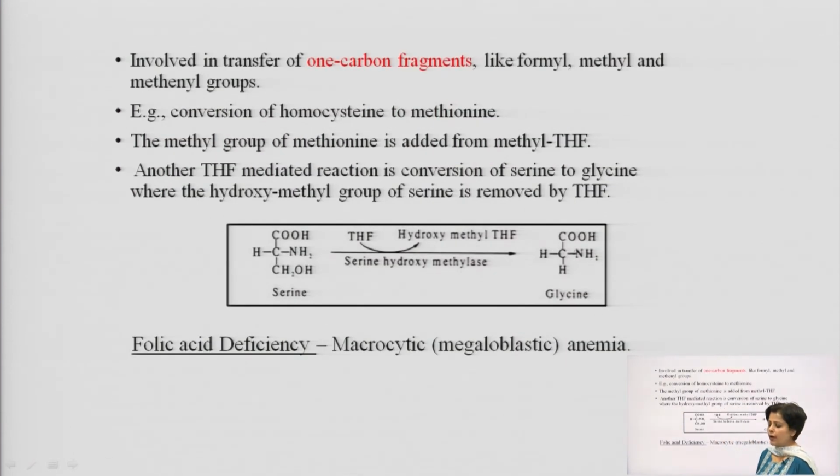It is involved in the transfer of one carbon fragments like formyl, methyl and methylene groups. For example, conversion of homocysteine to methionine. The methyl group of the methionine is added from methyl tetrahydrofolate. Another THF mediated reaction is the conversion of serine to glycine, where the hydroxymethyl group of the serine is removed.